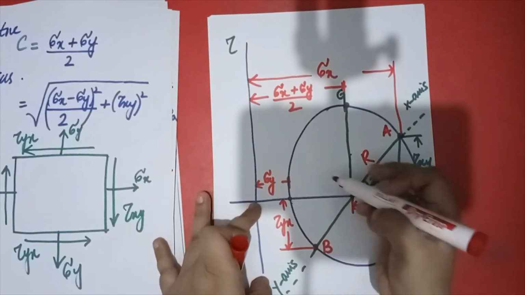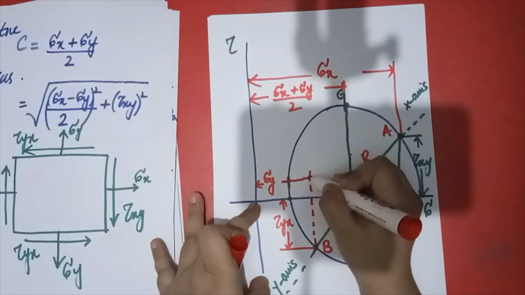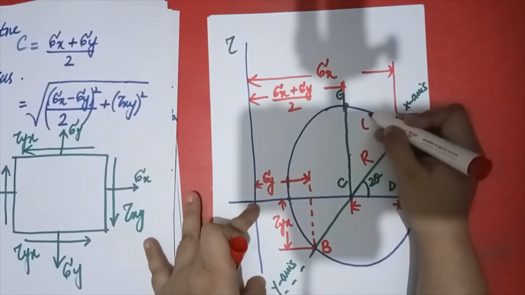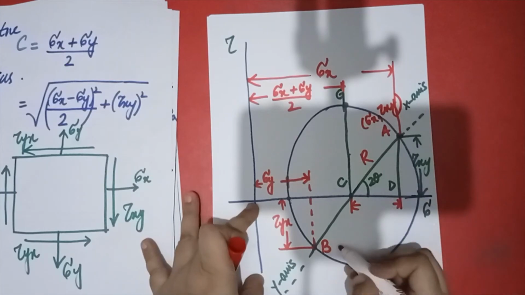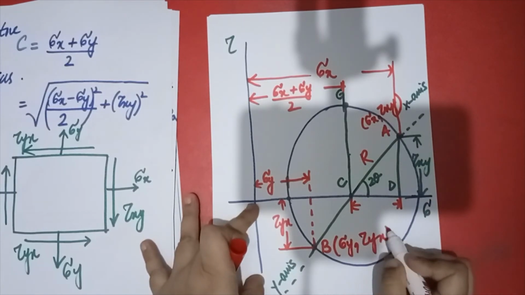Let me update this one. The coordinates of point A will be sigma x comma tau xy, and the coordinates of B should be sigma y comma tau yx.